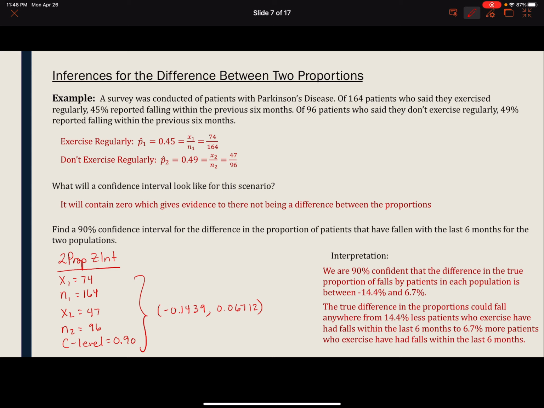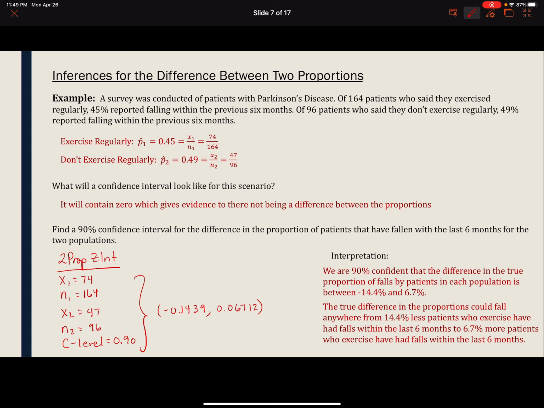So I converted both of them to percents. I don't drop the negative because the negative is important when discussing which one is bigger or smaller, right? On the lower end, we're saying that those who exercise have fewer falls, but on the other end, we're saying that those who exercise have more falls. So the negative makes a difference.